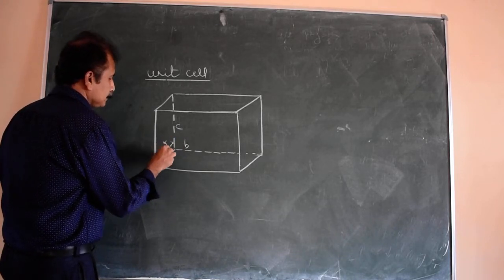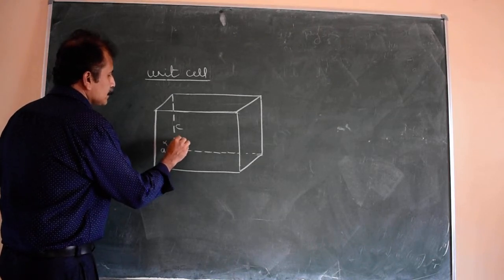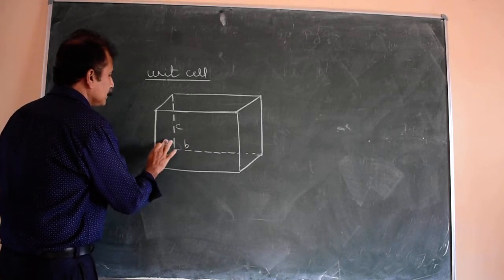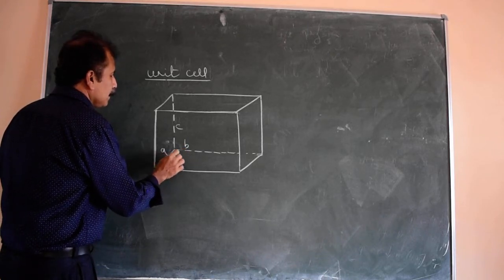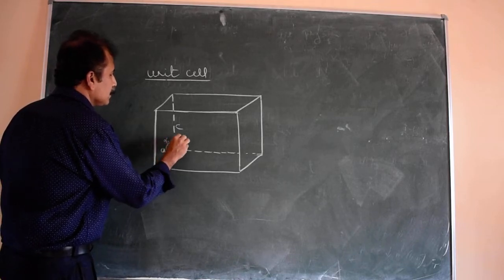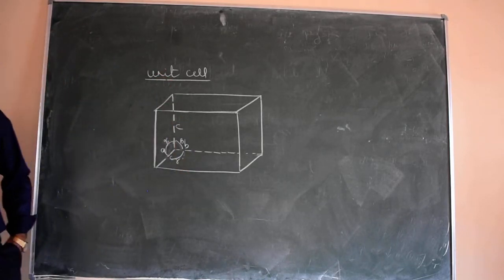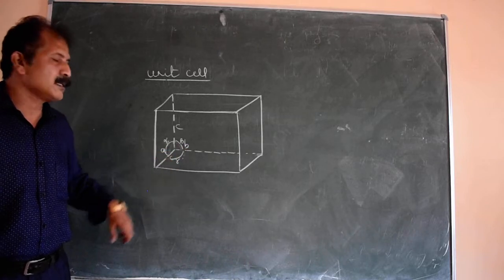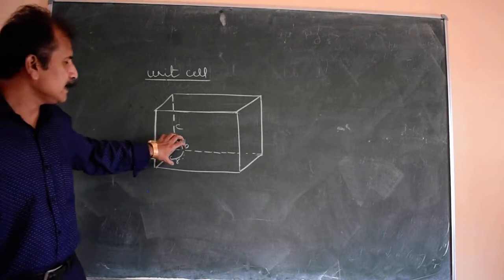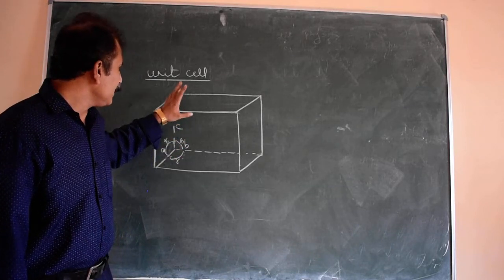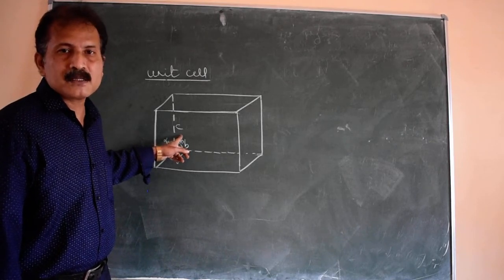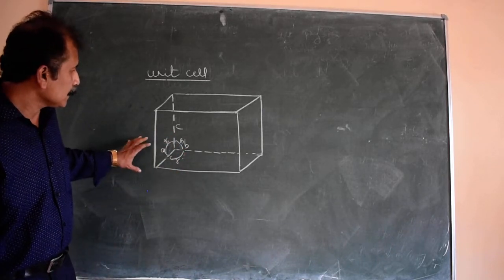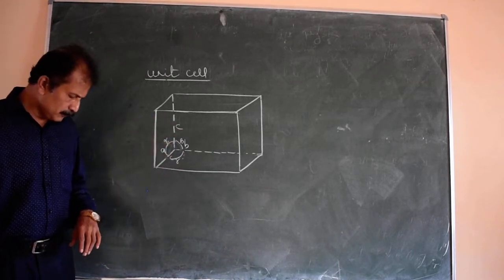So every unit cell is characterized by the edge lengths A, B and C, which may or may not be mutually perpendicular. Then comes the angles: between A and C, this is alpha. Between C and B, it is beta, and between A and B, it is gamma. These are the edge angles. So every unit cell is characterized by the edge lengths A, B and C, and the edge angles alpha, beta and gamma. Depending upon this, you will get different types of unit cells.